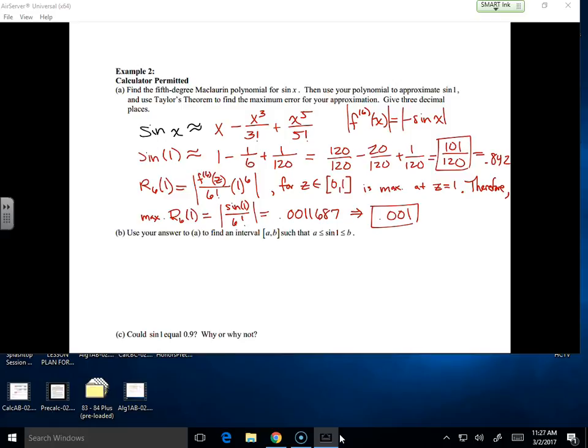Well, remember what I just said though? Back in the olden days, they wouldn't have used sine of 1. What would they have used? They would have been like, well, let's just be safe, and what's the maximum value of sine? Well, we know that sine equals 1 at pi over 2 and sine equals 0 at 0, so let's just use 1. Oh. So they would have used just 1, which they could have found without a calculator.